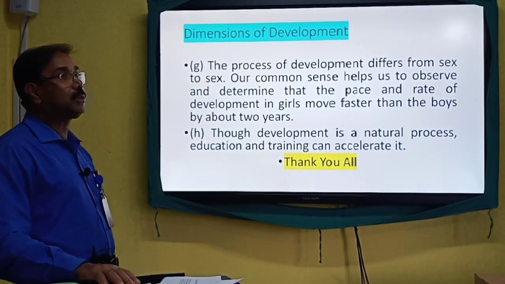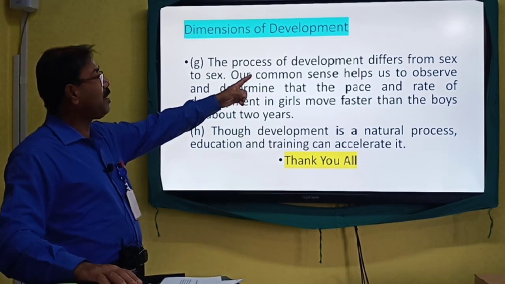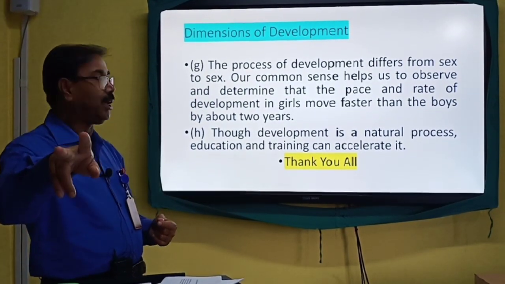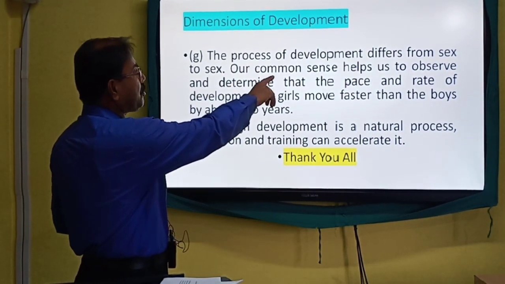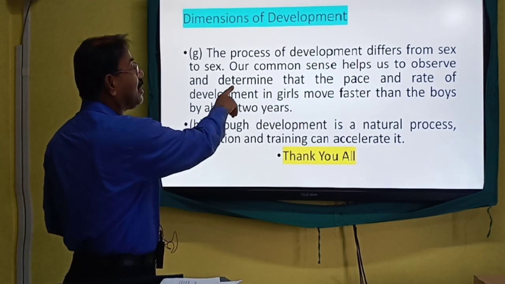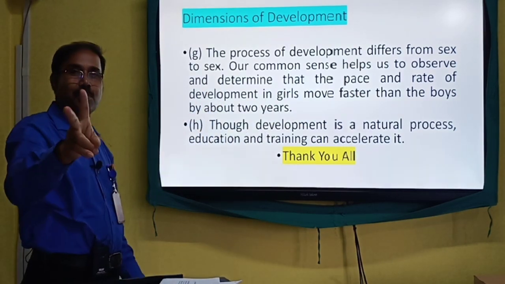Dimensions of development. What are the dimensions? The process of development differs from sex to sex, that is, between male and female. Our common sense helps us observe that the pace and rate of development in girls is faster than in boys by about 2 years.